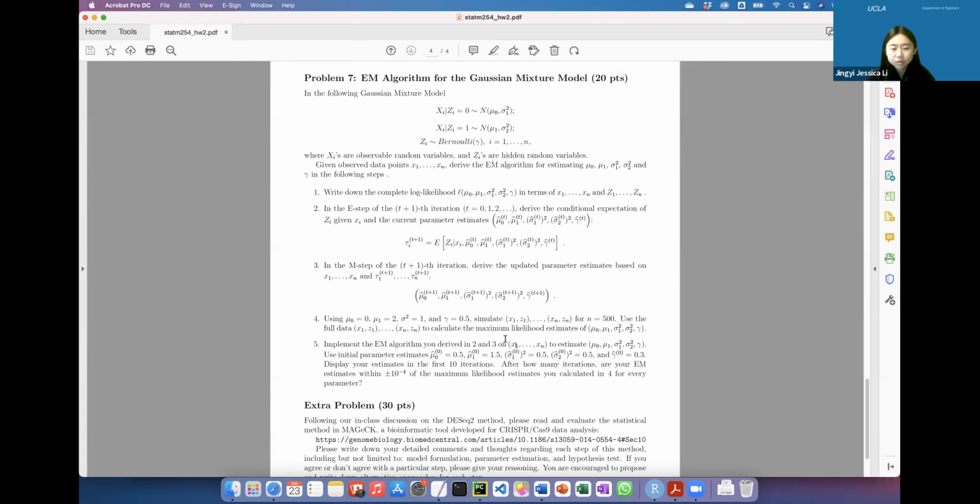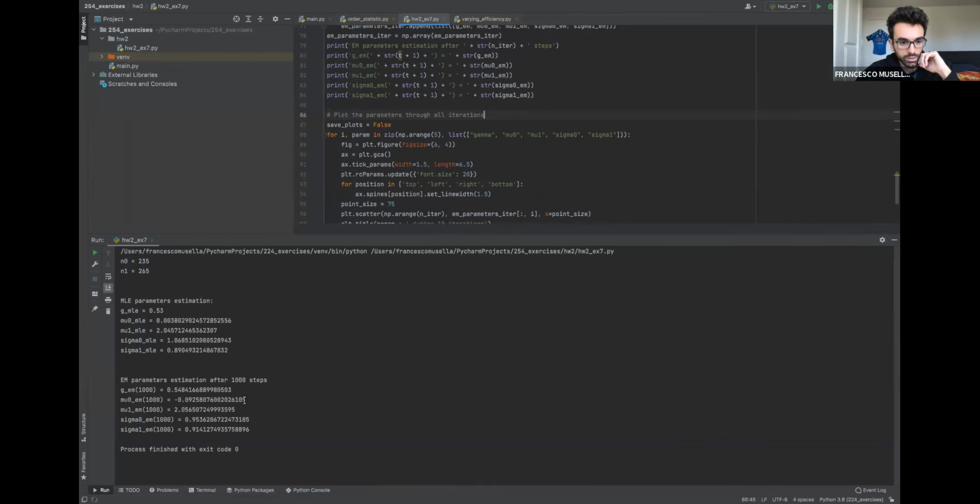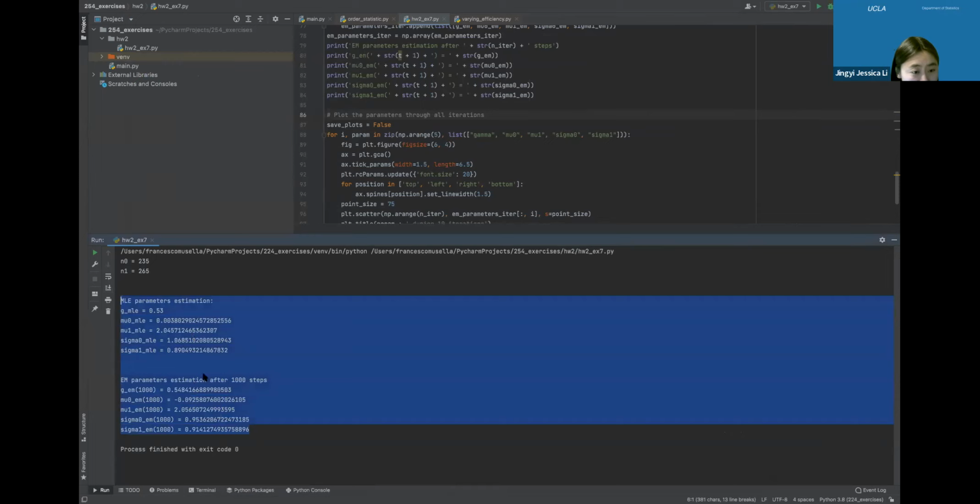So how close do you see the estimates between 4 and 5? Here are the results. They are pretty similar, but there is some difference.